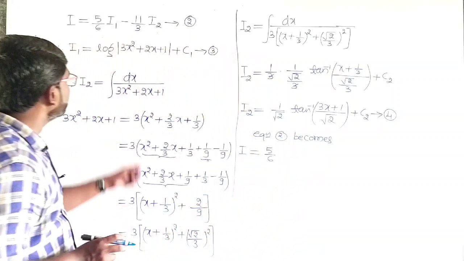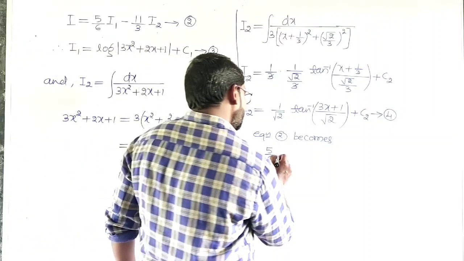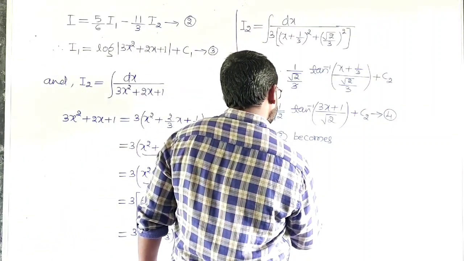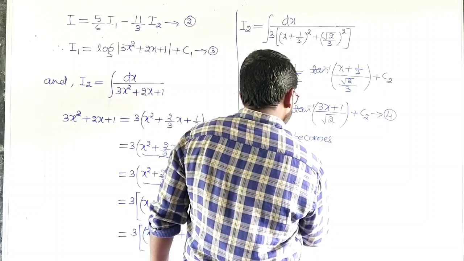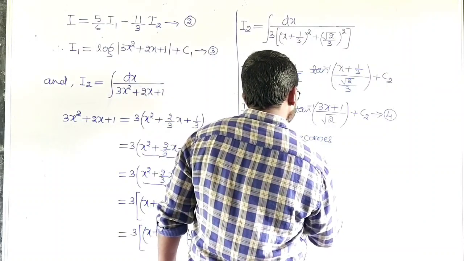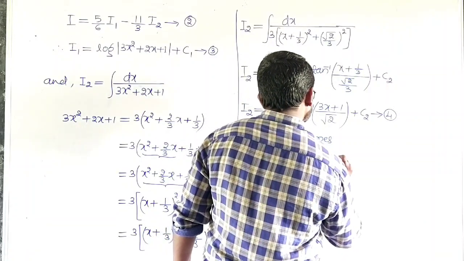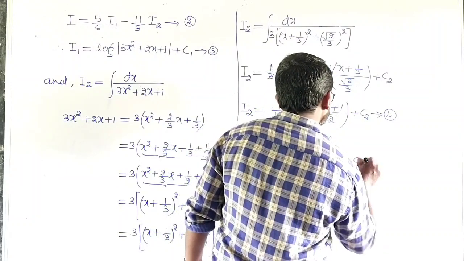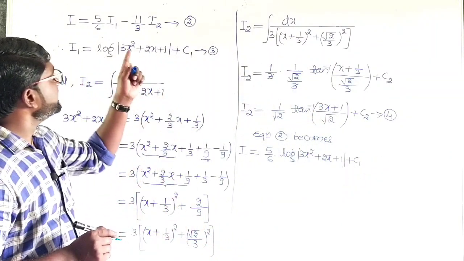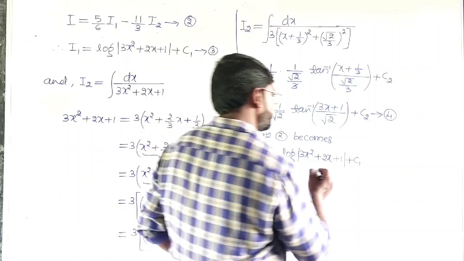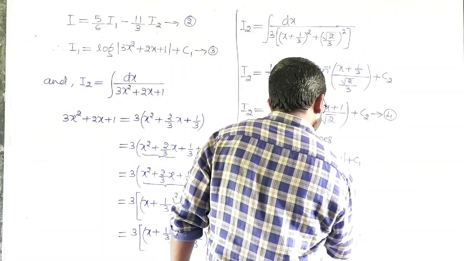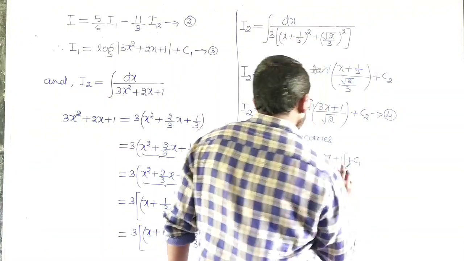What is the value of I1? It is log mod 3x square plus 2x plus 1 plus c1, then minus 11 by 3. So that I will write here, minus 11 by 3 into I2.